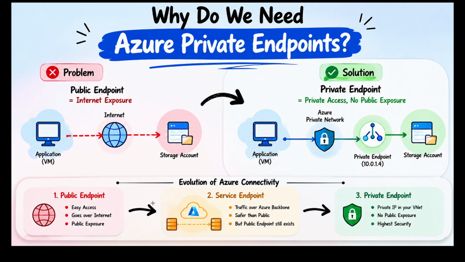And for more security, Azure came up with service endpoint. In this case, the traffic was over Azure backbone network. That means internal to Microsoft. It was safer than public, but the public endpoint still existed. But with private endpoint, there was no public exposure and the highest security we get. And all our Azure internal resources can access PaaS resources directly with the private IP address.